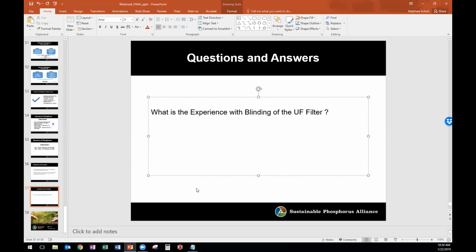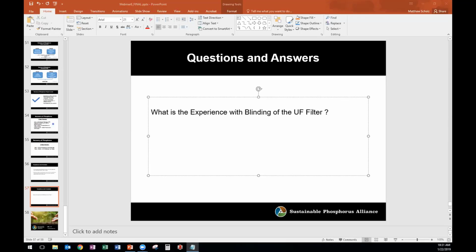Also, what is the experience with blinding, which I understand is clogging of the UF filter? Yeah, so the UF filter is self-cleaning in the sense that those tubes are basically being scoured clean as it's being filtered. So we're maintaining a sufficient velocity in that tube to keep it clean. What does eventually happen is some scale will build up over time, just like it builds up in any hot water pipe in your house maybe, or especially on a farm.